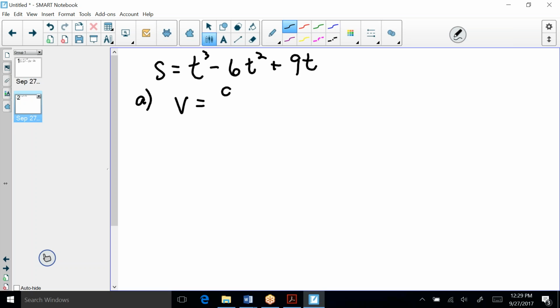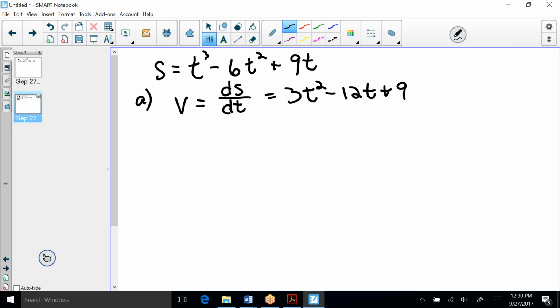We're taking the derivative of s, so we're finding ds/dt, taking the derivative of the function s where t is the variable. And that is equal to 3t squared minus 12t plus 9.